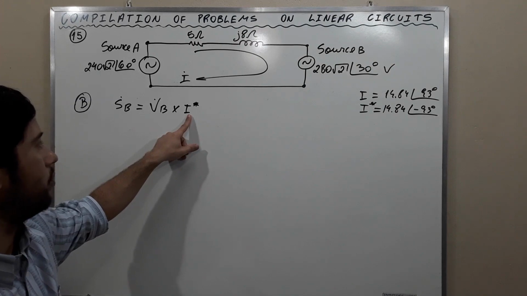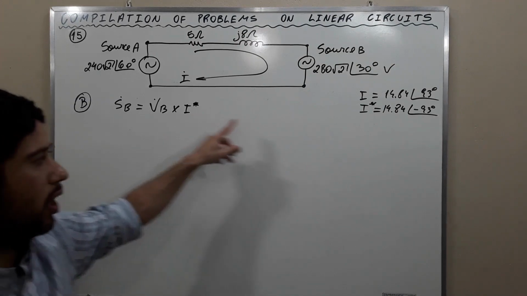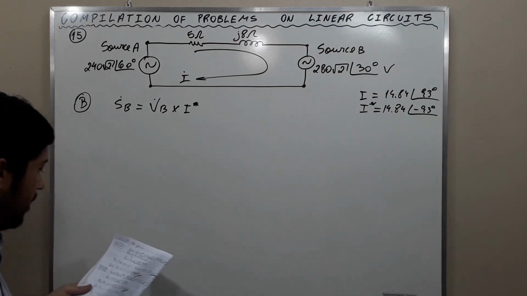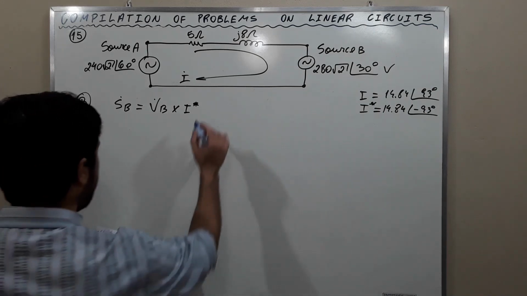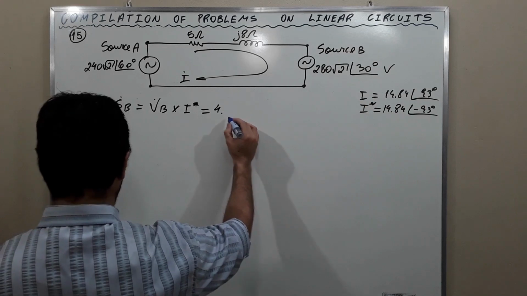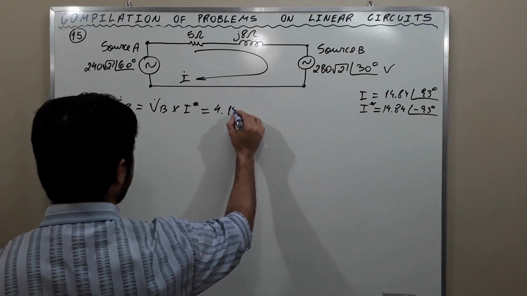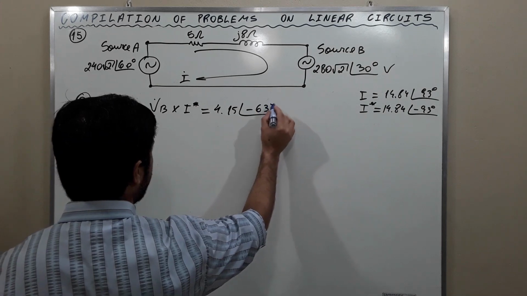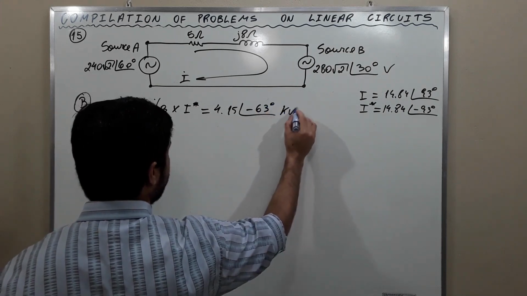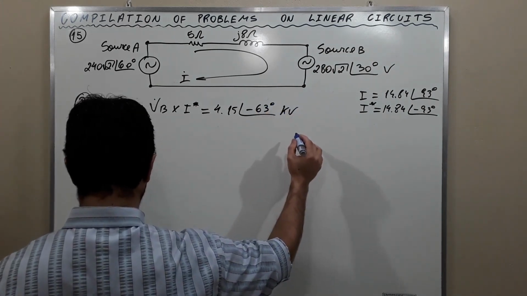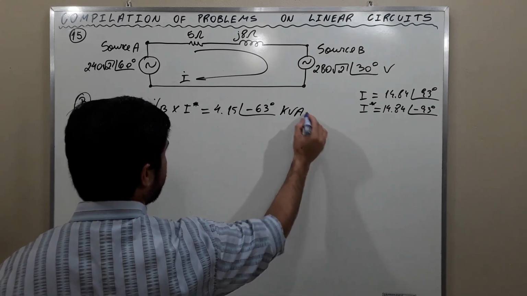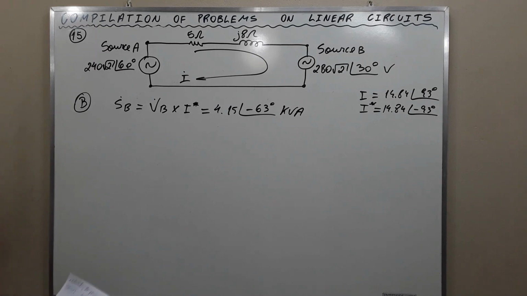And the current, we do not use the actual current, we use the complex conjugate of the current, and we find a value of 4.15 phase negative 60 degrees kVA. Okay?